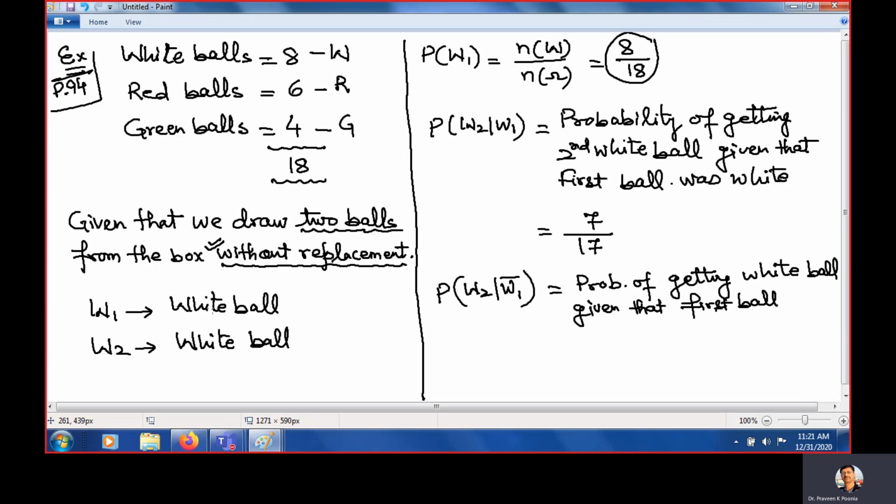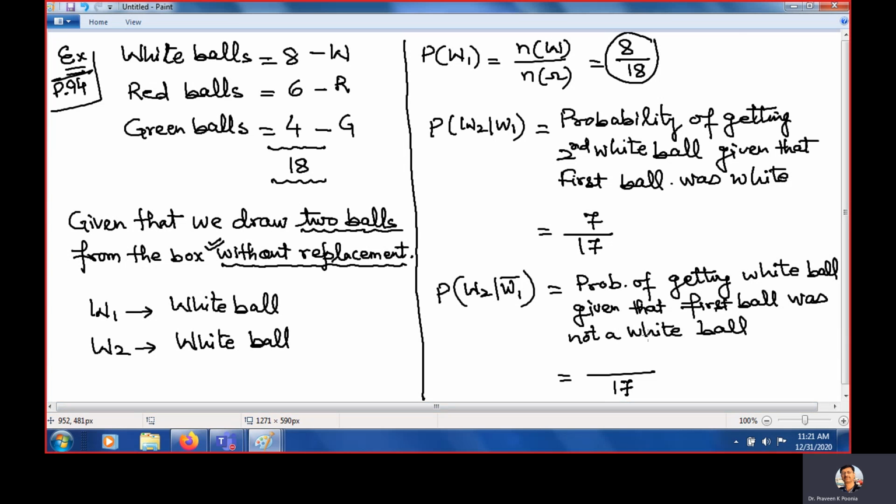W1 is a white ball and W1 bar means not a white ball. The first ball was not a white ball. Clear? So one ball is already drawn, and that was not white. That is another condition. Because one ball is already drawn, the denominator will be 17.